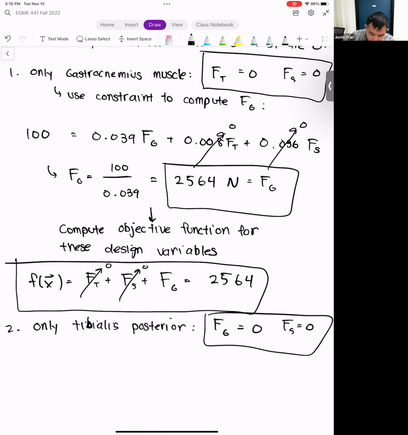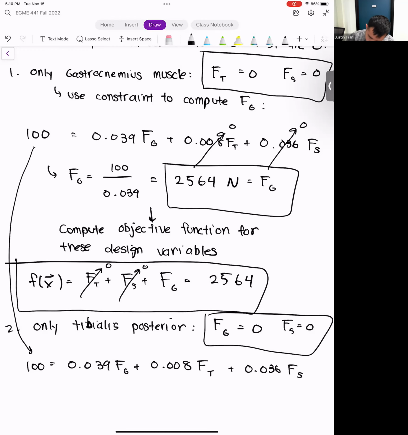And if we come back to our constraint here, okay, and so 100 is equal to 0.039 FG plus 0.008 FT plus 0.036 FS. Okay. We know that under this case, FG and FS are equal to 0.